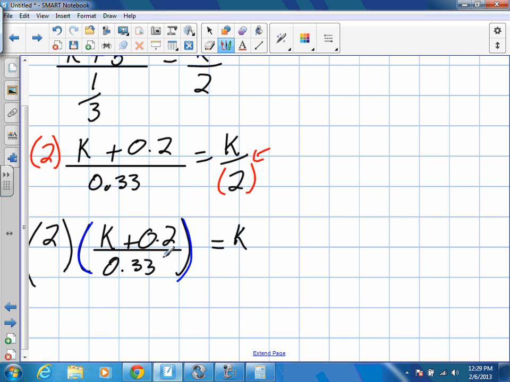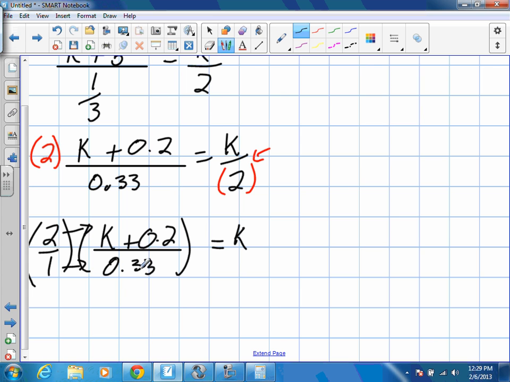And we talked about this yesterday. How can I turn 2 into a fraction? Over 1. And now when we multiply fractions, what do we do? Top by the top and the bottom by the bottom. Is the bottom going to change at all? What's 1 times 0.33? It's going to stay the exact same term. Okay?